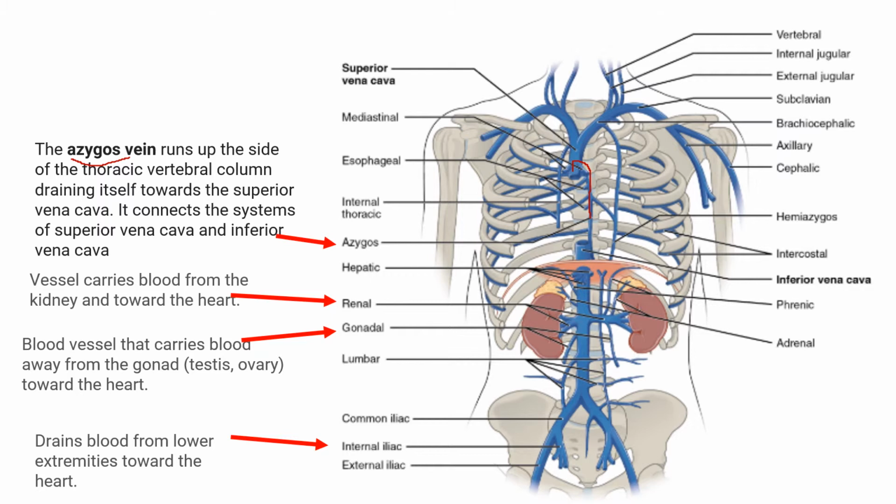Again, I think I talked about the renal vein, which simply takes deoxygenated blood from the kidney. And I talked about this one, which simply takes deoxygenated blood from the sex organs. And here, the internal and external iliac veins simply drain blood from the lower extremities towards the heart.